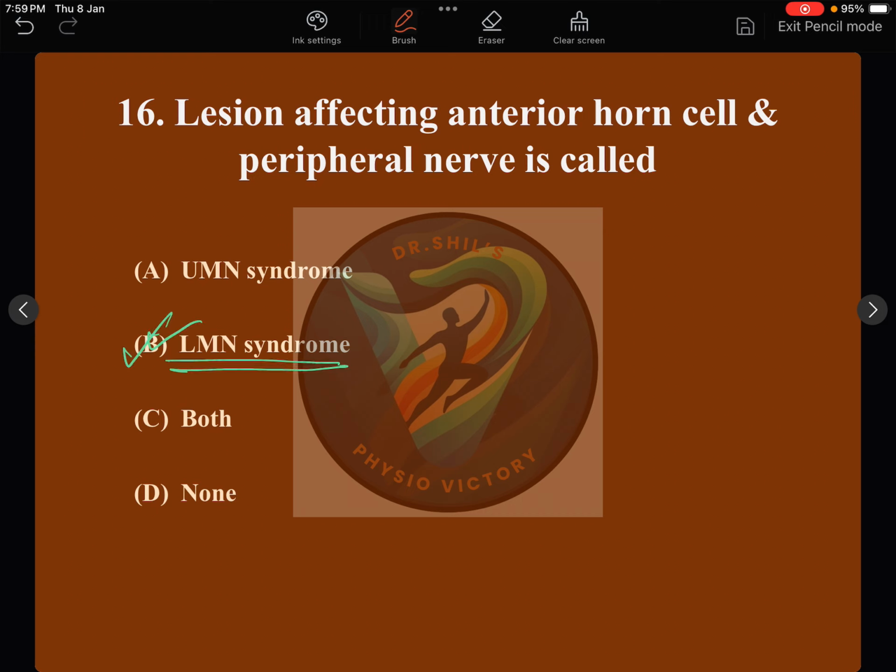In LMN or lower motor neuron syndrome, basically anterior horn cell and peripheral nerves are involved, and in UMN or upper motor neuron, above the anterior horn cell or the central part of the corticospinal tract.